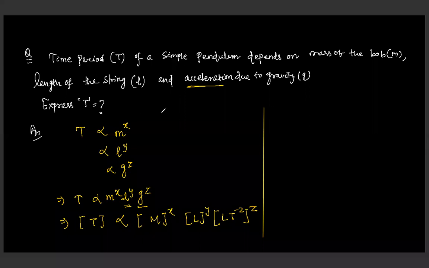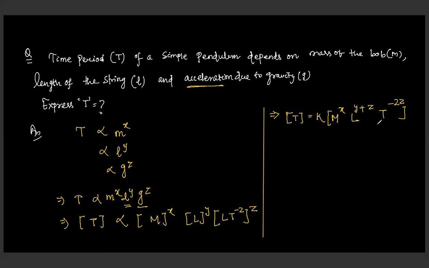The left hand side is T. Let's keep it as it is, equal to any constant k, M^x, L^y, plus L^z, T^-2z.